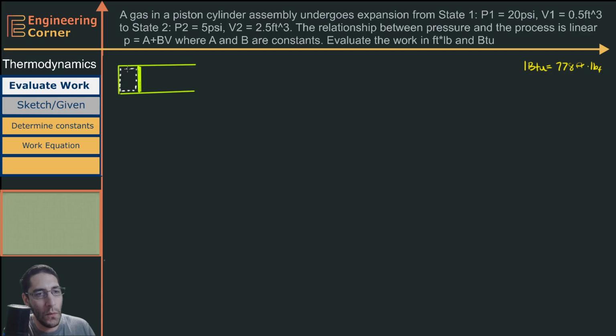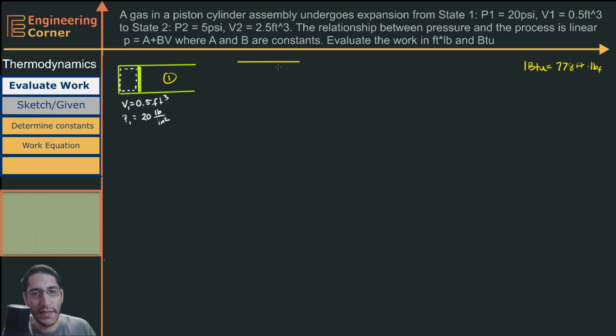My volume V1 is equal to 0.5 cubic feet, and my pressure P1 is equal to 20 pounds per square inch. And this is state 1.